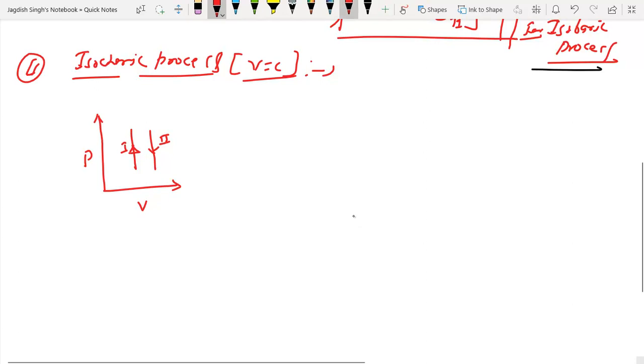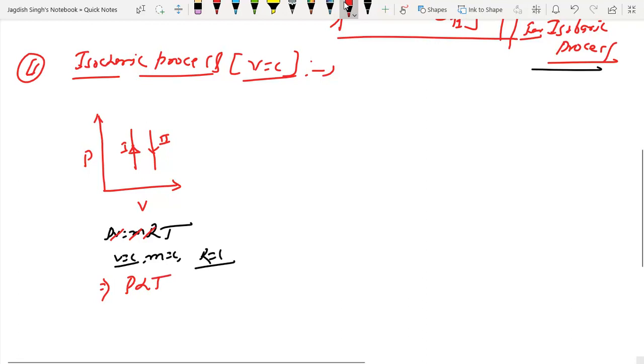How? Because we know PV is equal to mRT, this is the parent equation. Volume is constant, mass is constant, and the gas constant is already constant. So in this condition, this implies pressure is directly proportional to temperature.